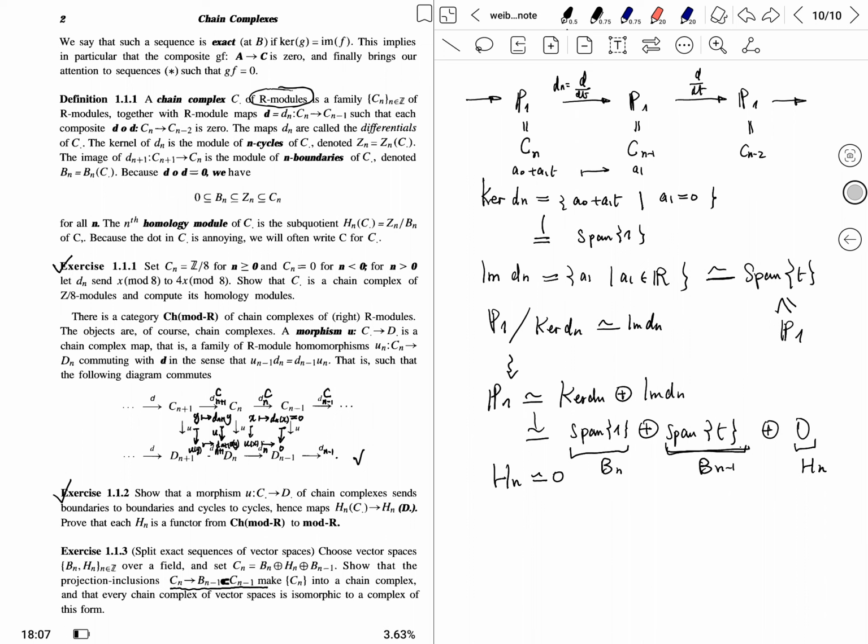And so this is saying that any element here could be written as a0 direct sum with a1t or direct sum with 0, or if we keep the order of the previous example, it should be this. And then this is mapped to a0 plus 0 plus a1t.